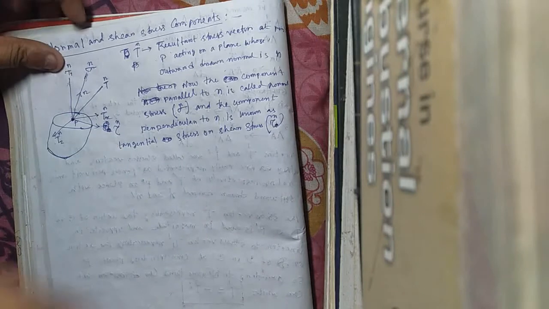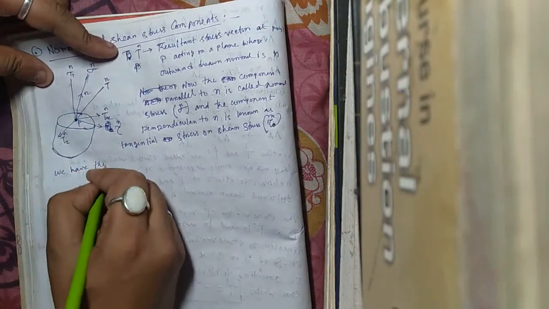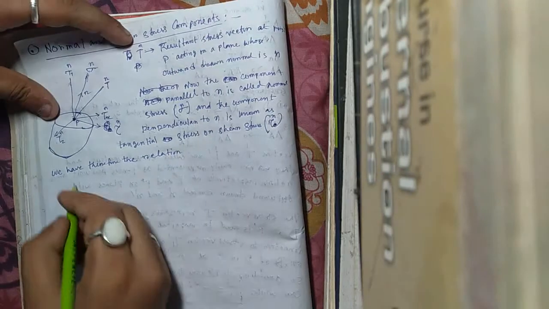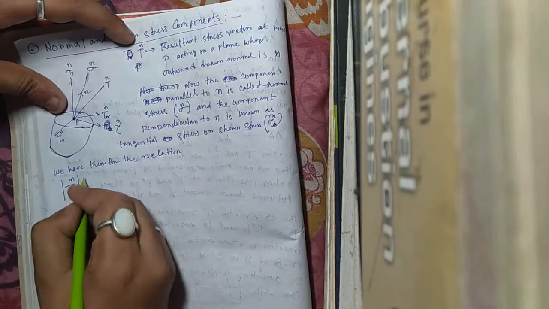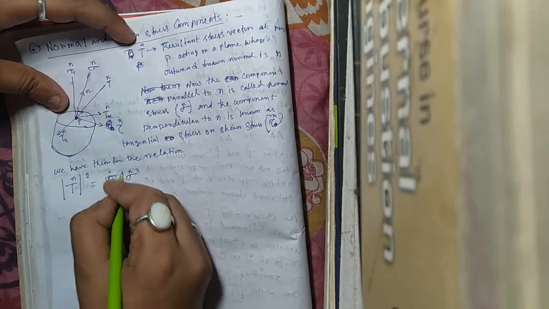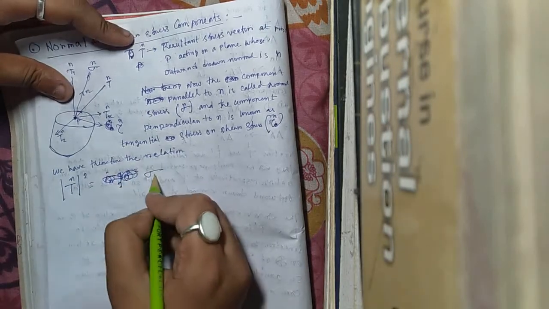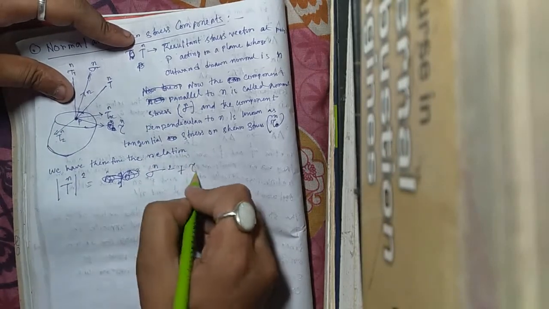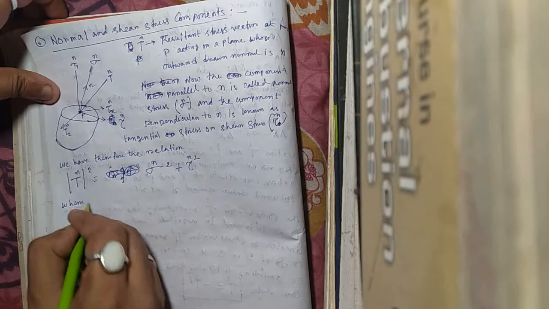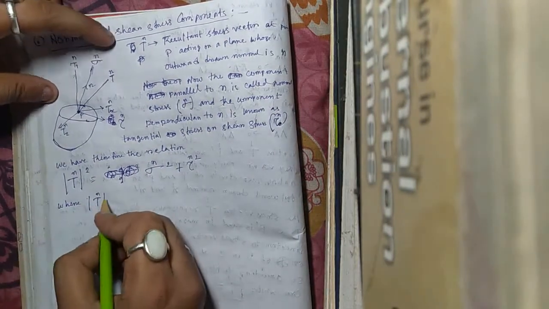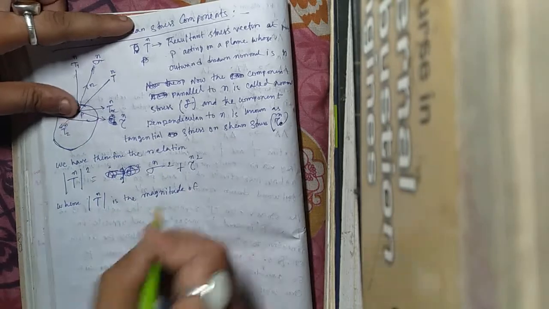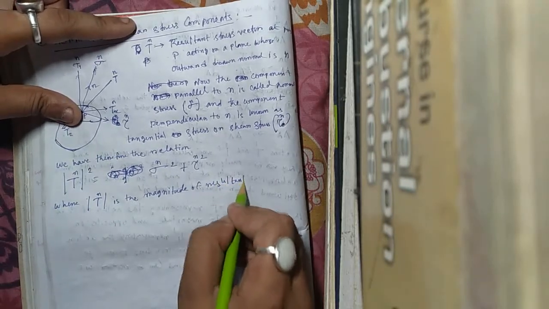We therefore have the relation: modulus of Tn squared is equal to sigma n squared plus tau n squared, where modulus Tn is the magnitude of the resultant stress.